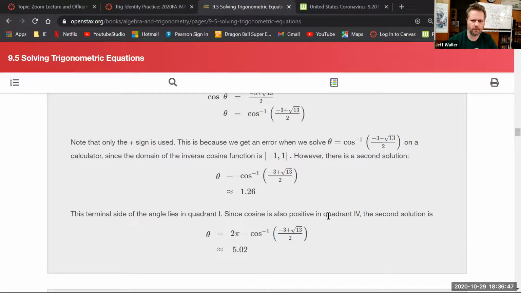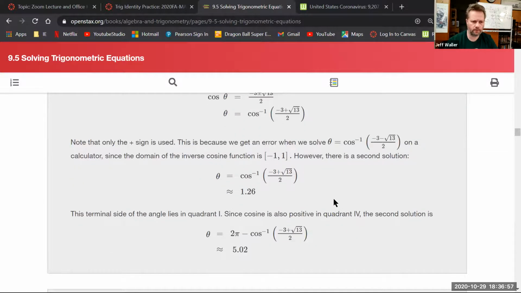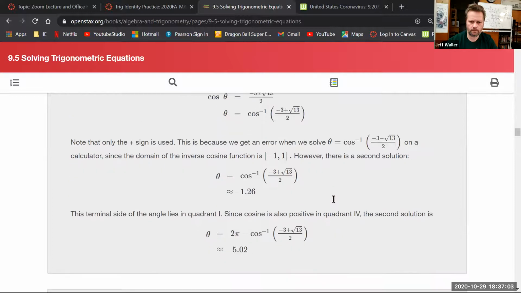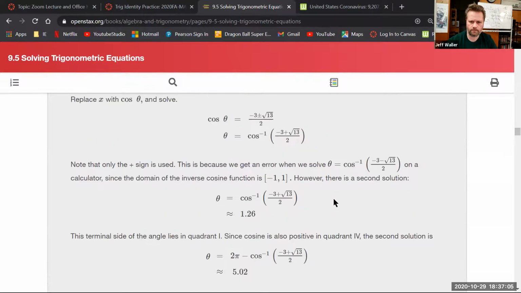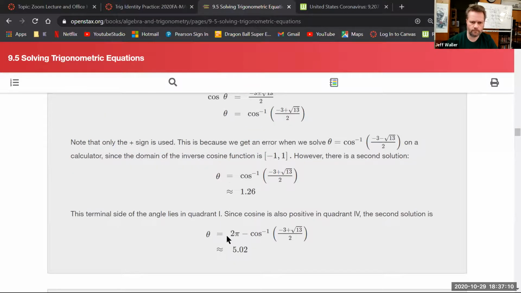Let me see. Did they do anything interesting? I don't know what they did here. They just said it like 2 pi minus the inverse cosine on the bottom. I don't know what that's about.